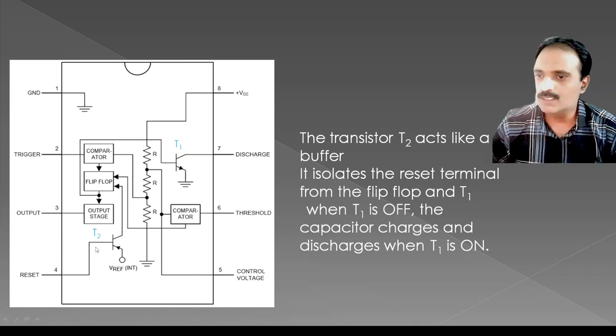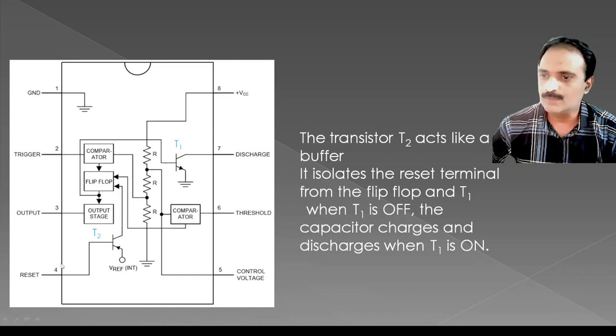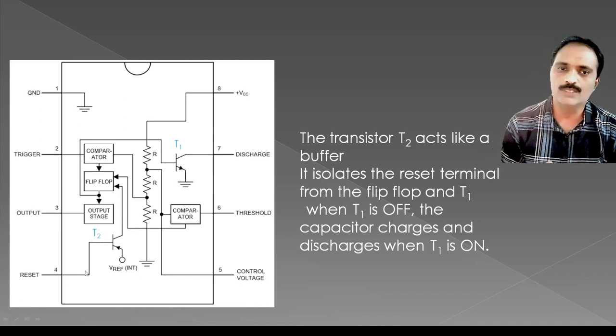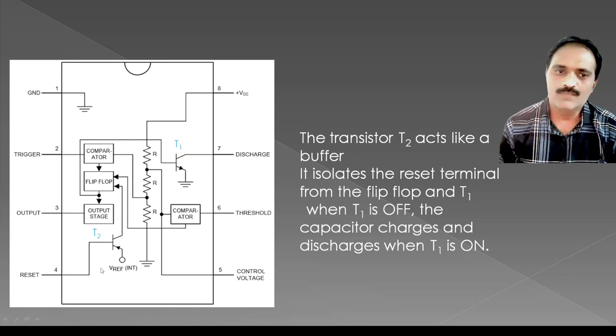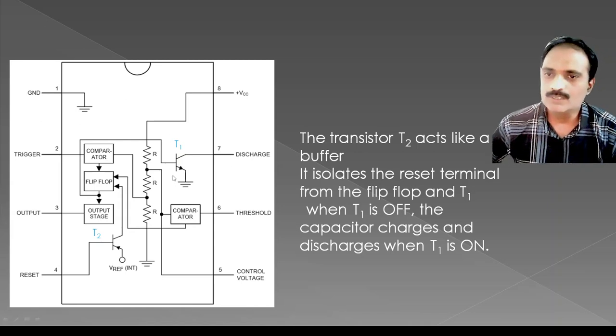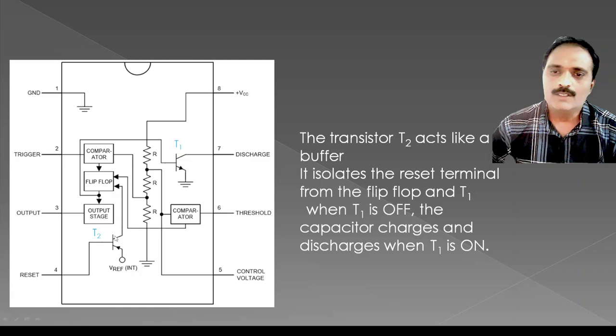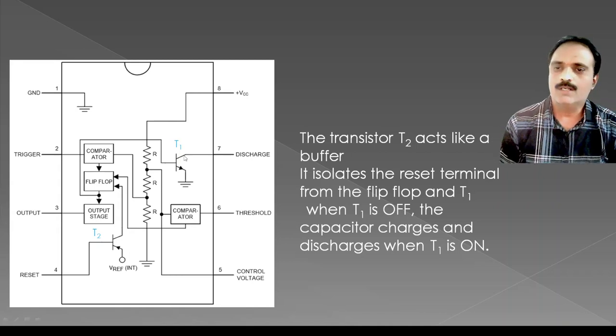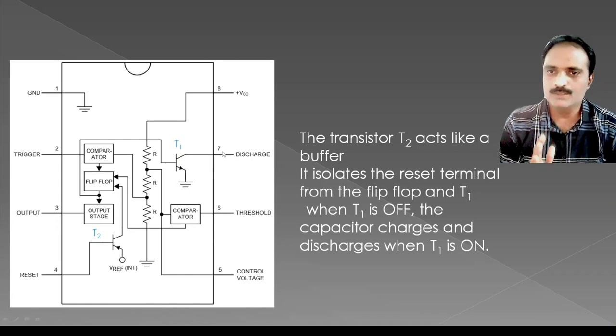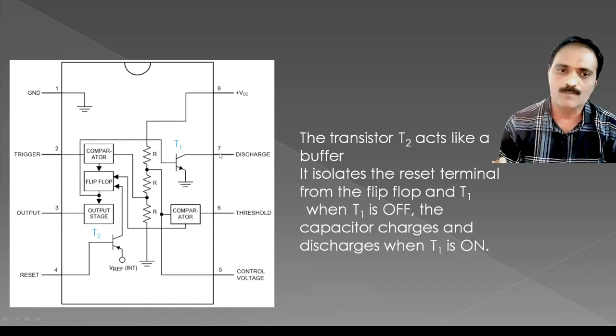Whatever is connected at the fourth terminal, the reset terminal, it is going to isolate from the flip-flop and also the T1. That is the purpose of this transistor T2. And when T1 is off, the capacitor connected at this particular terminal is going to be charged.